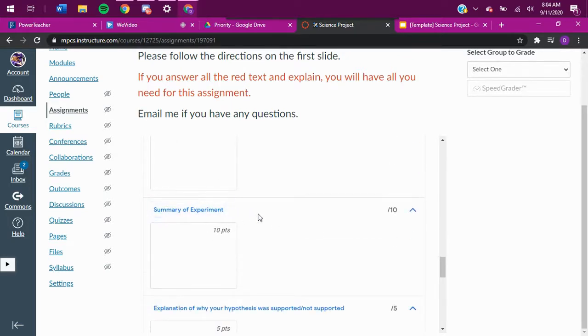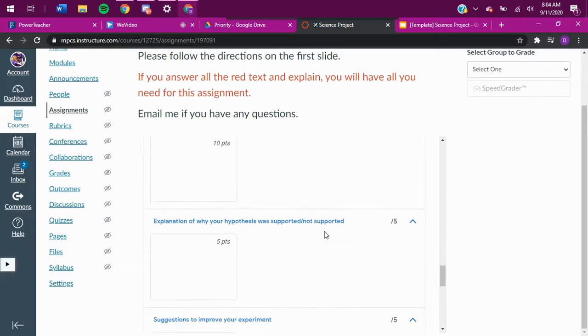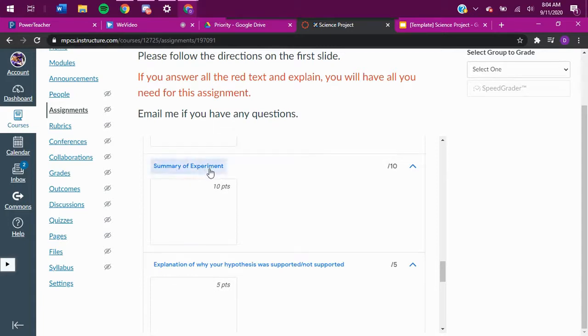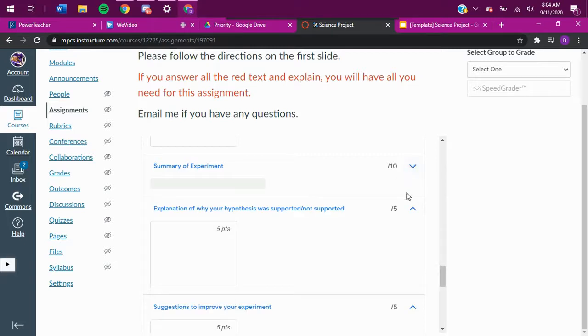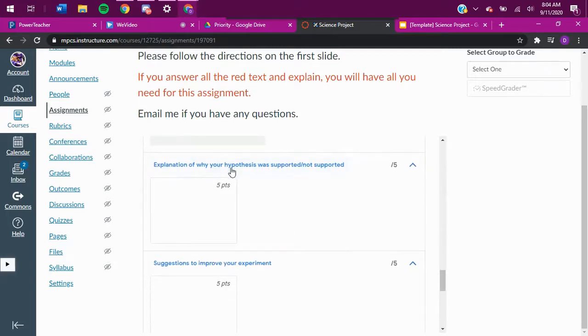A summary of your experiment in the conclusion. I know that sounds like you just did that, but no. When it says summary of the experiment, it means a summary of the results that you got. And you see it's worth 10 points. Explanation of why your hypothesis was supported or not.